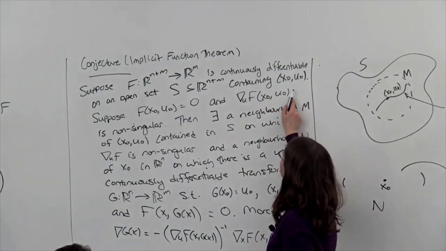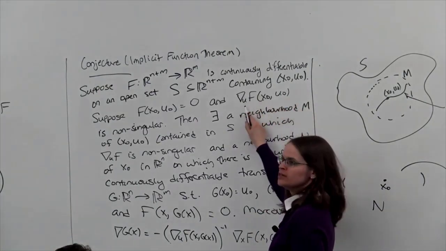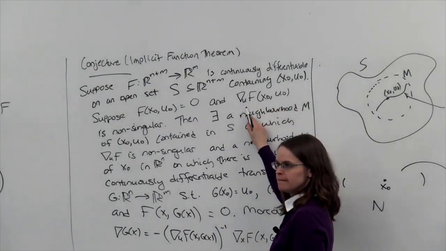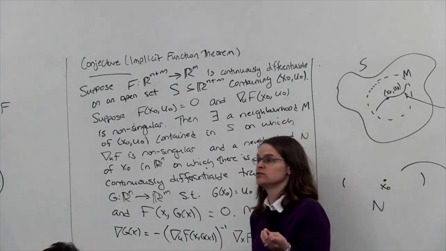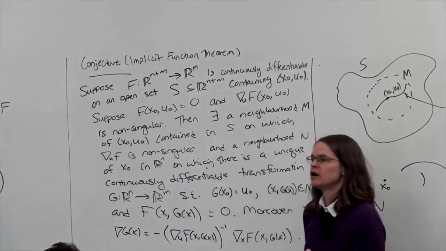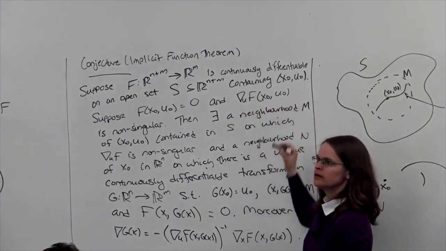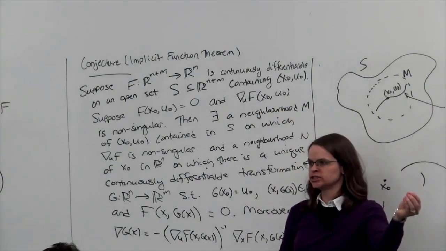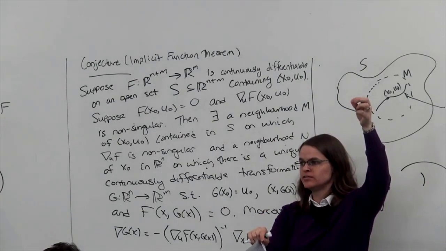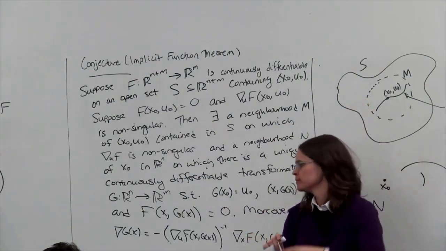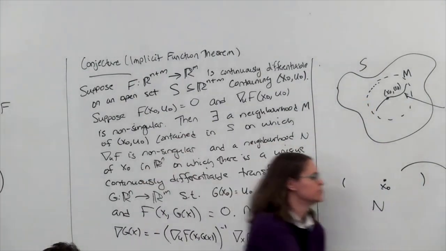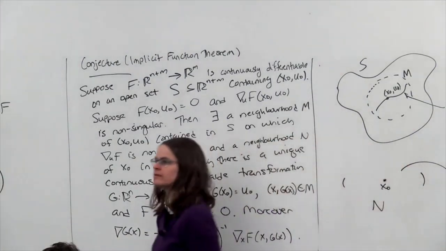So the fact that it's non-singular means the determinant of this matrix is not 0, right? The determinant is also a continuous function, right? So since this is not 0 at x naught, u naught, and since the determinant is a continuous function, it can't instantaneously become 0. I can draw a picture of that.